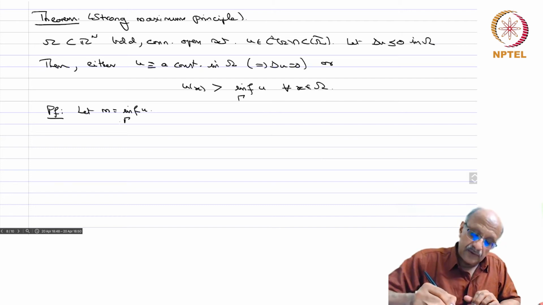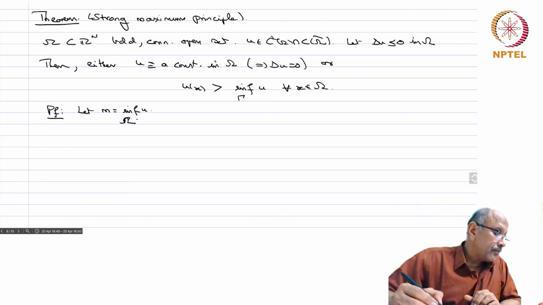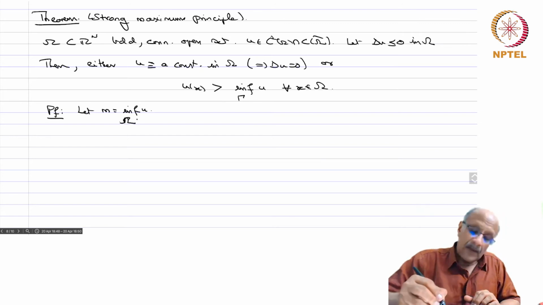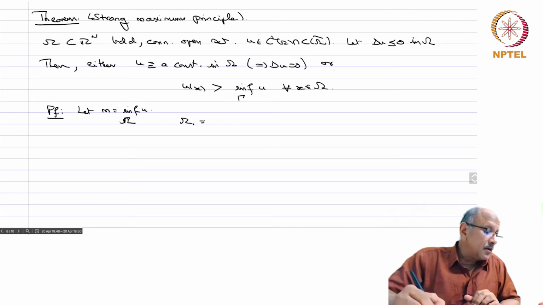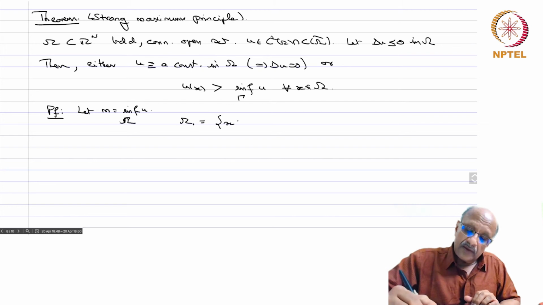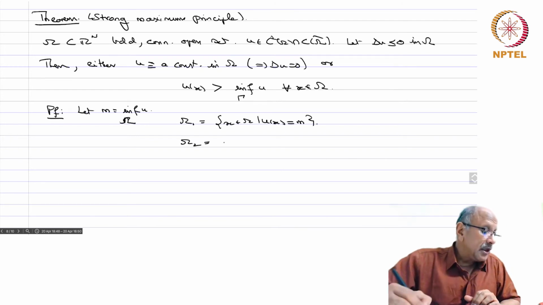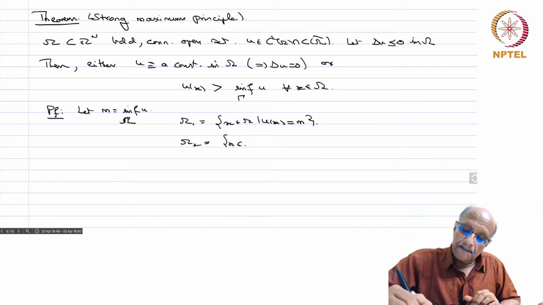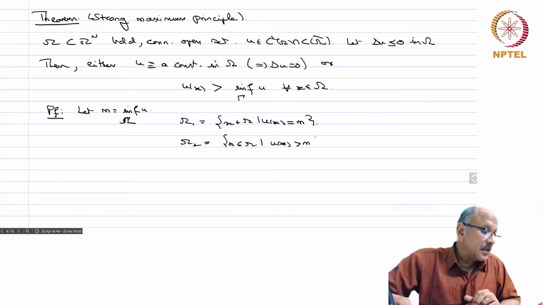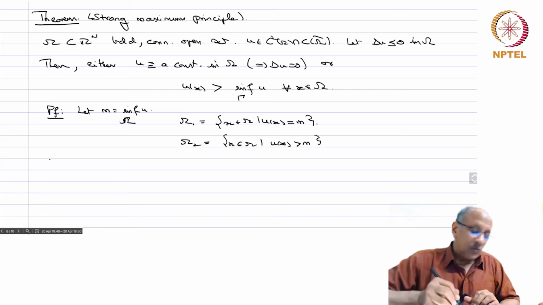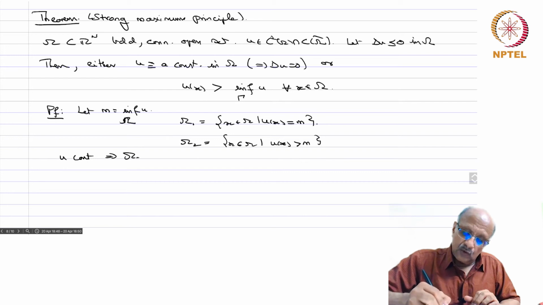Write omega 1 equals the set of all x in omega such that u(x) equals m, and omega 2 equals the set of all x in omega such that u(x) is greater than m. So, u is continuous implies omega 2 is open.